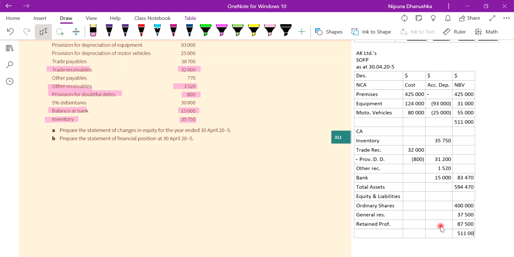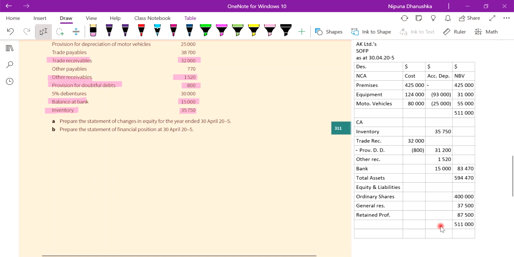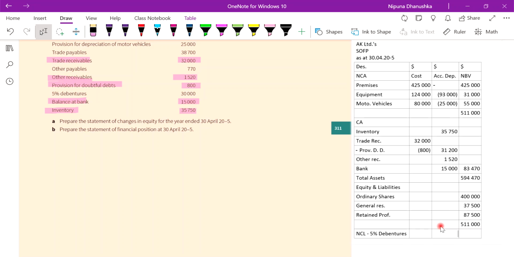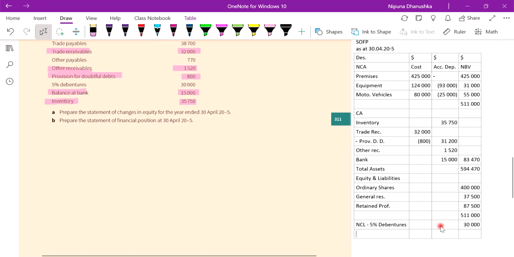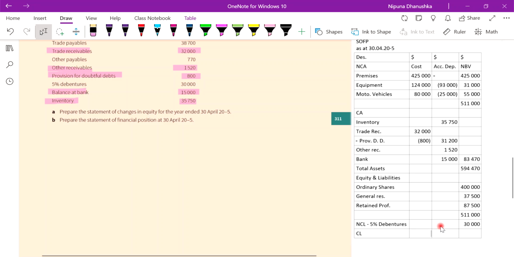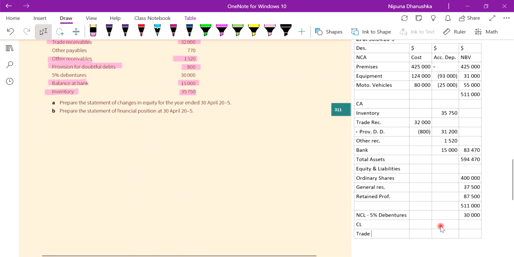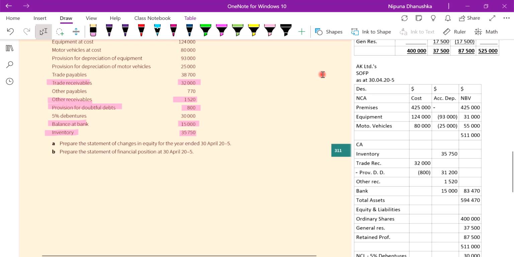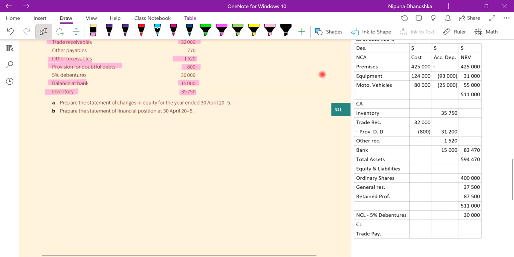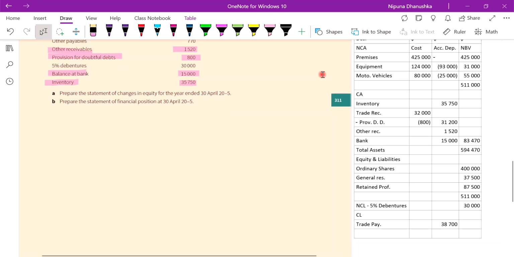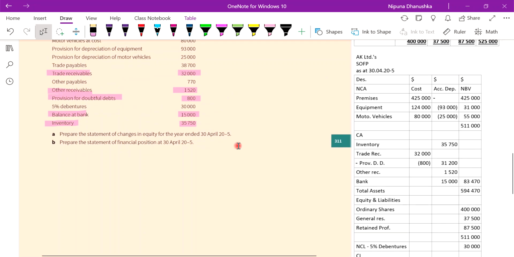So all in all 511,000, and then they have non-current liabilities, 5% debentures, 30,000, and then current liabilities, trade payables 38,700, and other payables 770.